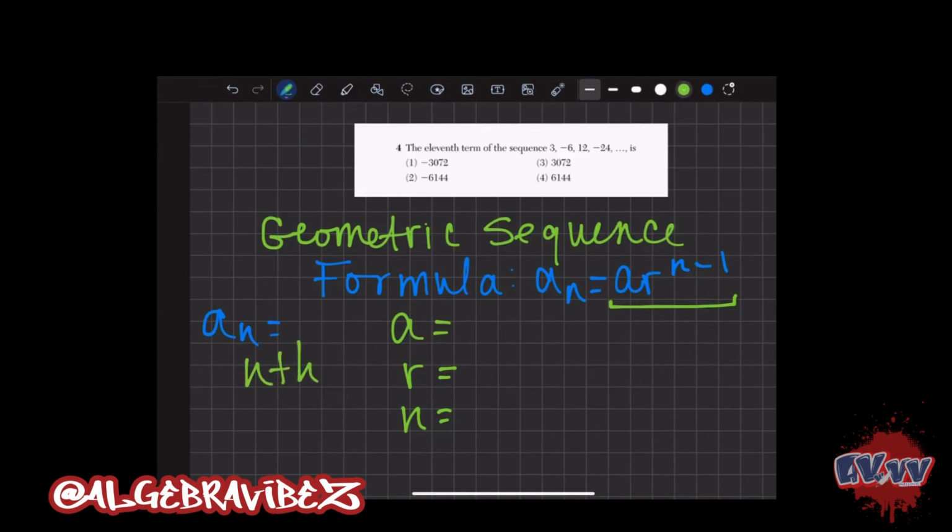A stands for the initial or first term of the sequence. The r is what we call the common ratio, which is the second number divided by the first number. And then n is our term number, or our term position.